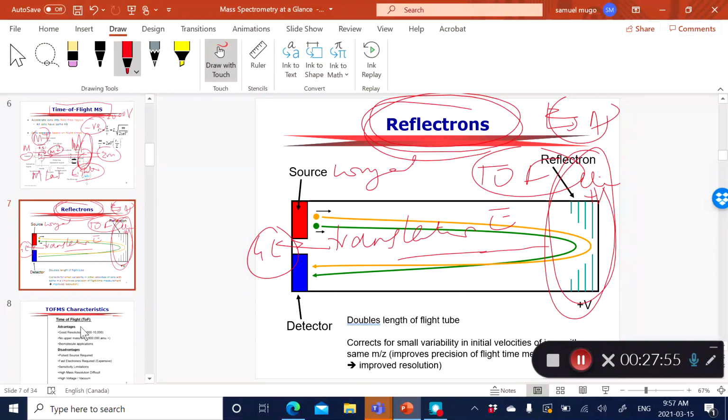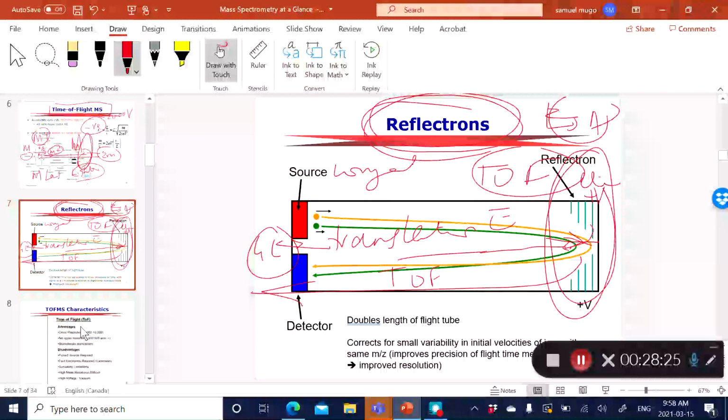And so depending on the translational energy of one ion, it gets deflected or penetrates the reflection, and then it's dampened, meaning it's brought to a stop. And after it's brought to a stop, then it can be accelerated into the time of flight when all of them have been dampened by the reflection or the electrostatic analyzer.